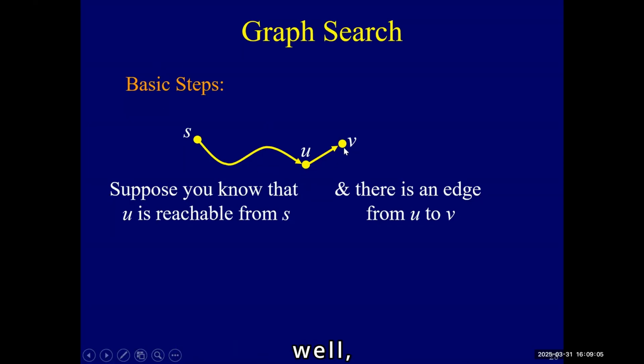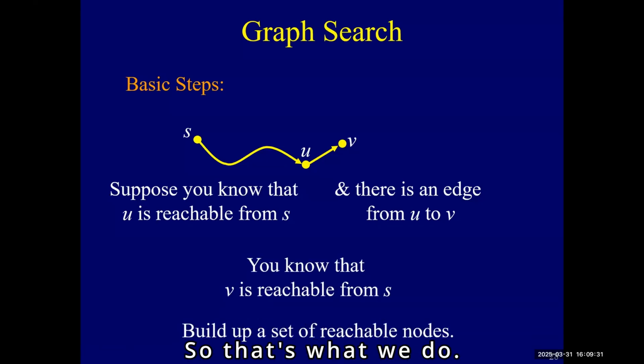And when I find U, I have to handle it, and by handling it, I follow its edges, and I then find V, and then I say V is reachable, by transitivity. If from S I can get to U, and there's an edge from U to V, then I can get to V.